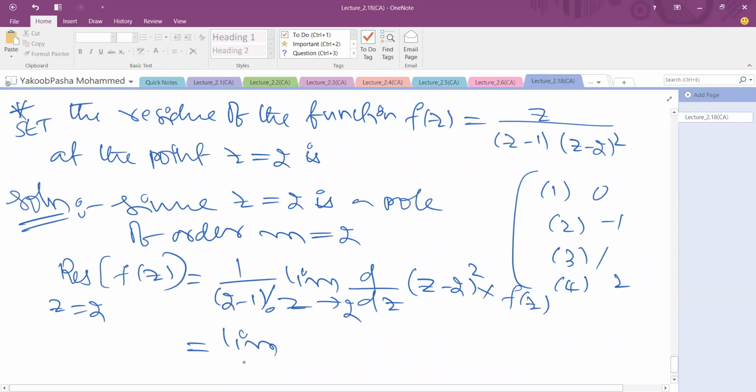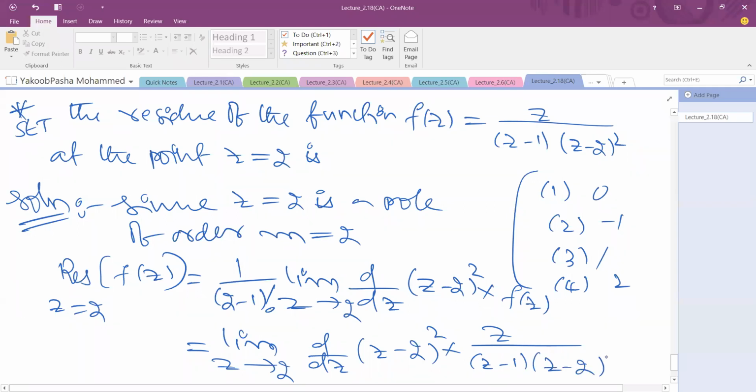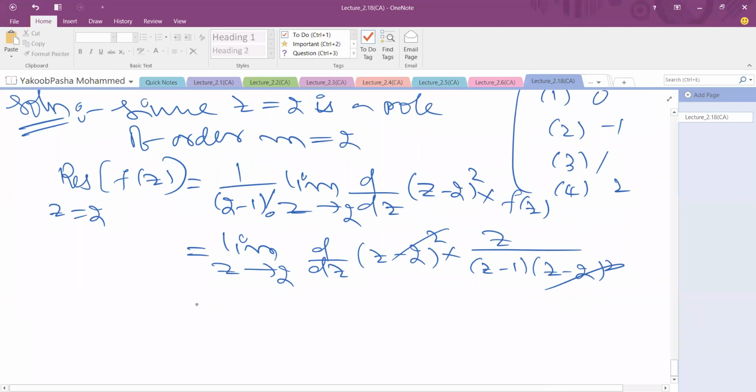So limit z tends to 2, d by dz of z minus 2 whole square f of z. Here f of z is z by z minus 1 into z minus 2 whole square. So here z minus 2 whole square will be cancelled and apply z equal to 2 here. So numerator is 2, denominator is 1. So this is equal to 2.